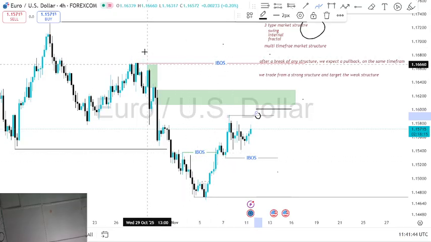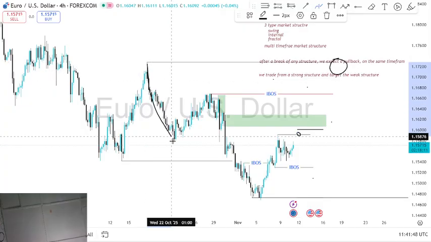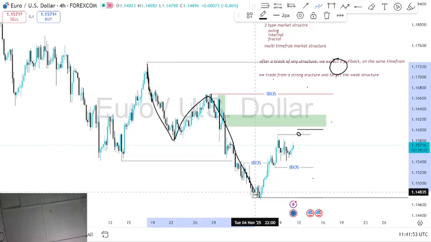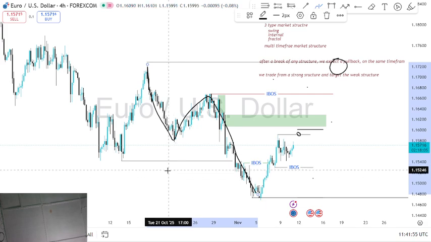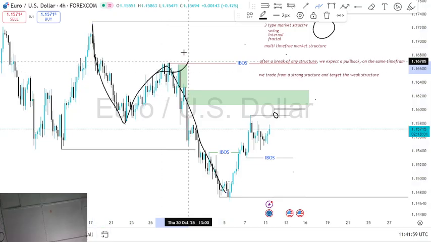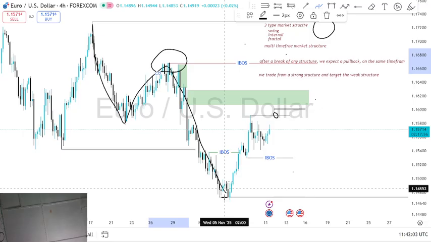Looking at what is happening here, we had this impulsive move, we pulled back, and price continued the move, right? Price pulled back, and at the last point here it led to a strong move to break this low.